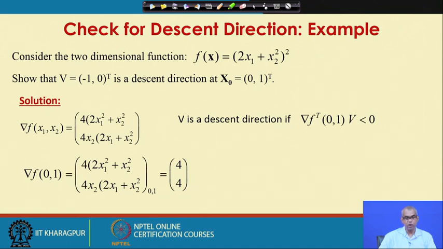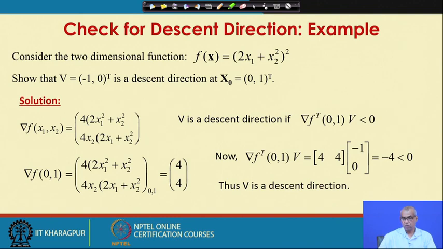The gradient at 0, 1 is 4, 4. Now, find the dot product, and the dot product is minus 4, which is less than 0. So, v is the descent direction. This is how we can find out if a given direction is a descent direction or not.